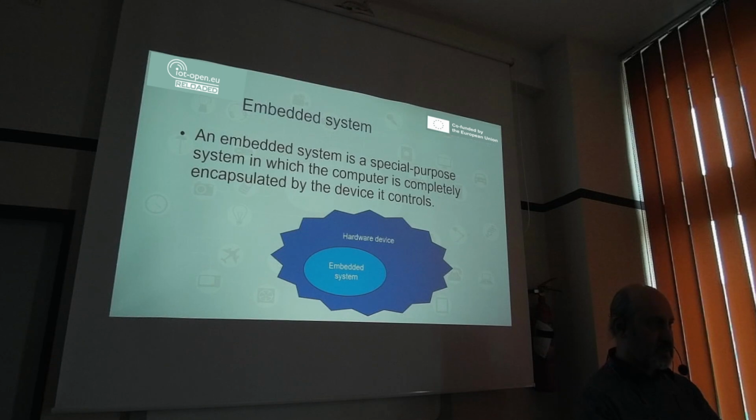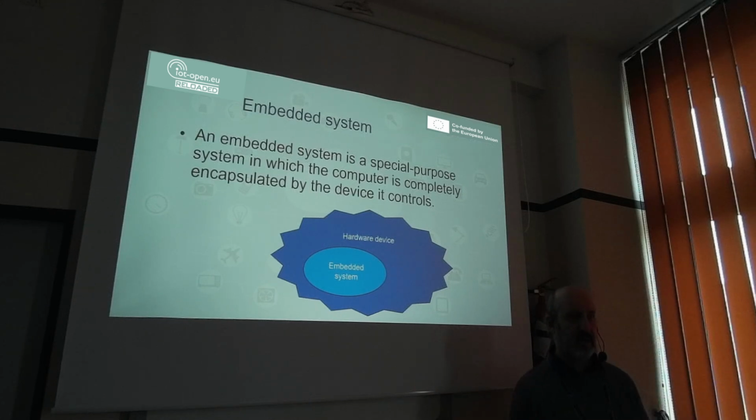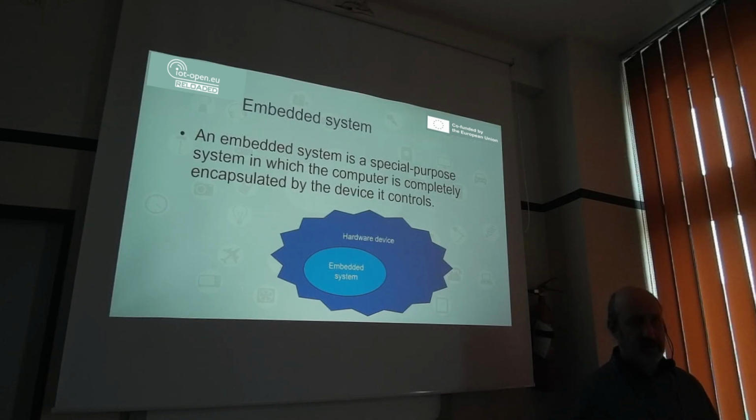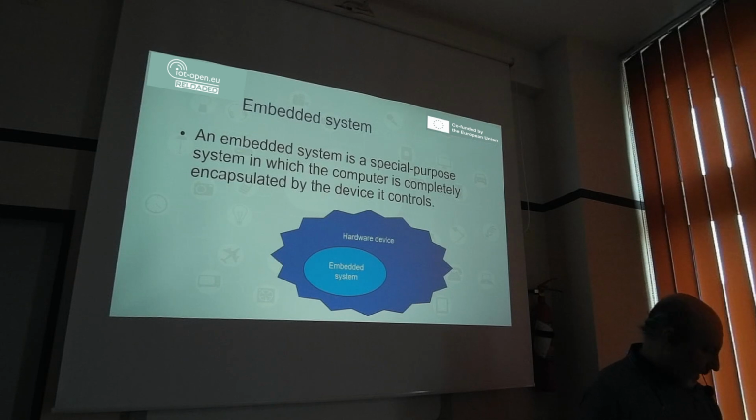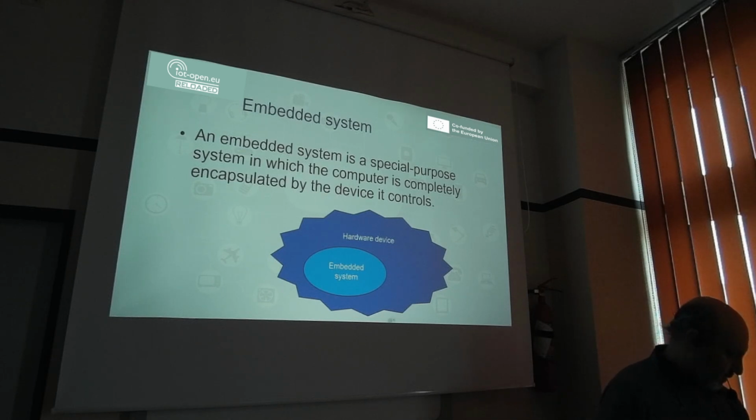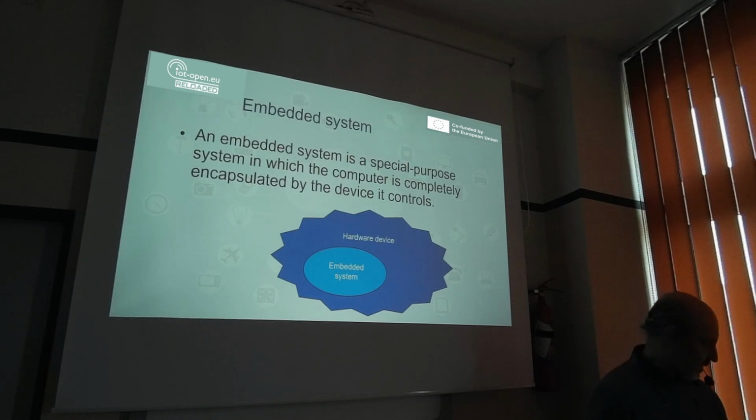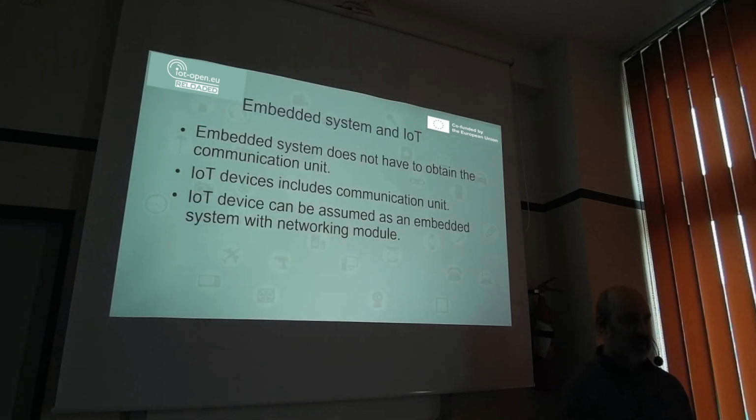So we consider an embedded system as the computer that controls something bigger, like, I don't know, a washing machine, microwave oven, machinery in industry, or a robot or something like this. So the bigger device is this dark blue ellipse here, and the small one is the embedded system, that is the computer that controls this machinery. And what is the difference between an embedded system and an IoT device?